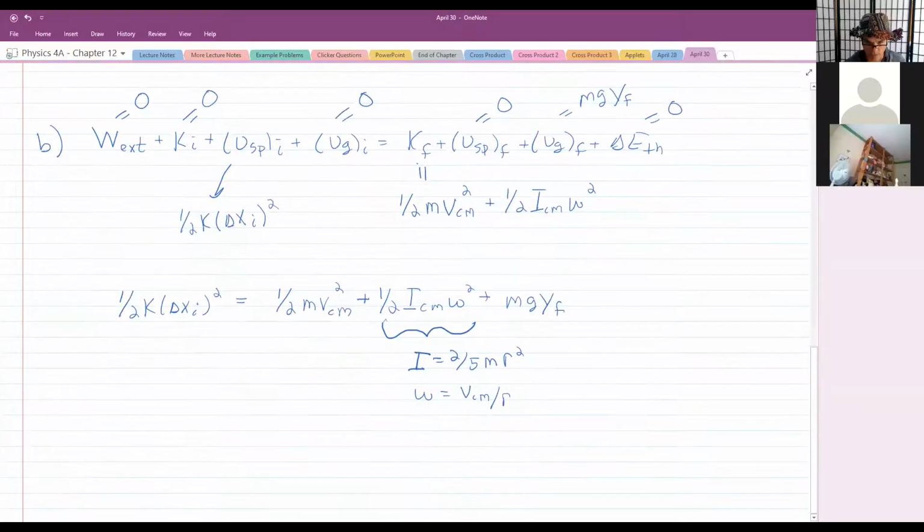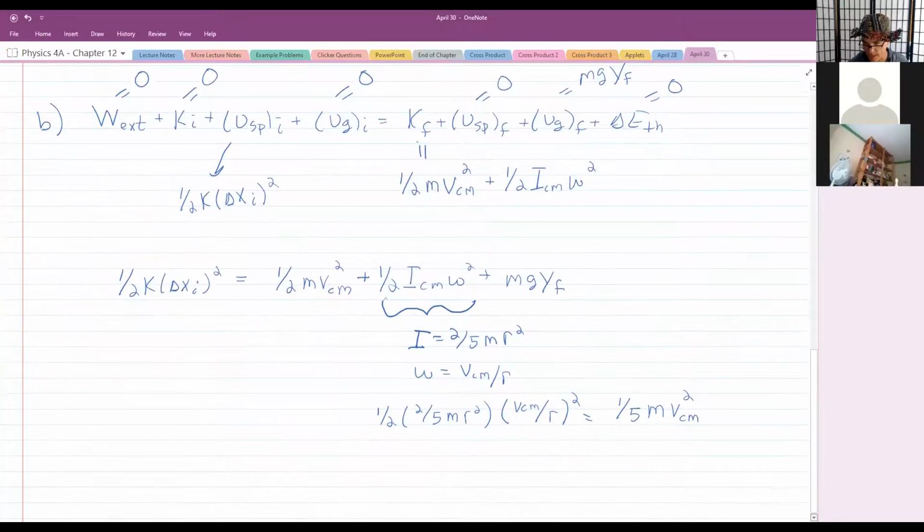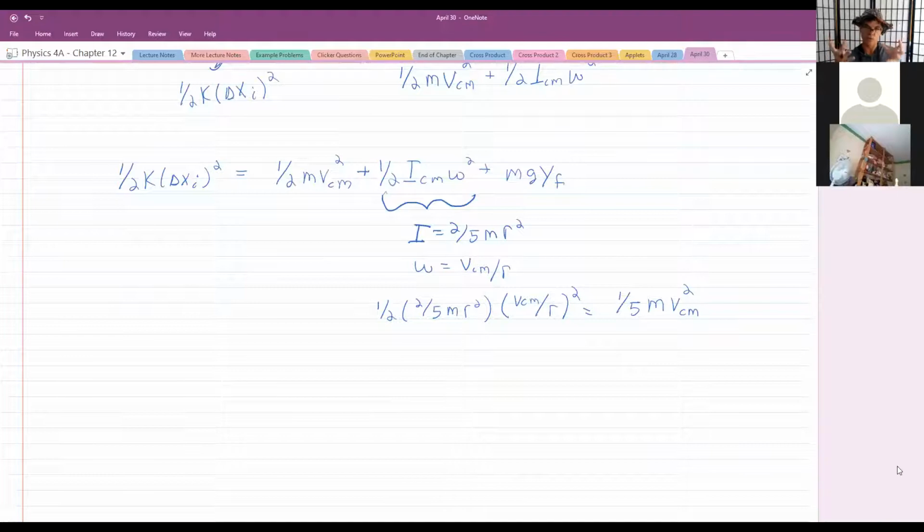So this 1/2 I omega squared term becomes 1/2 times 2/5 mr squared times v over r squared, which is really 1/2 times 2/5, it's 1/5 m v squared. So that's pretty much how you're going to end up handling any rolling object: you take that 1/2 I omega squared term and turn it into some number times mv squared.